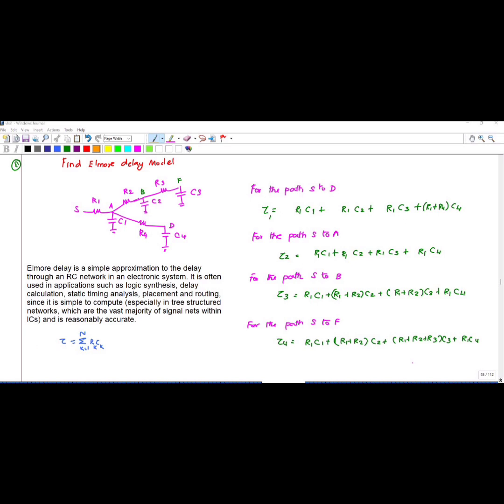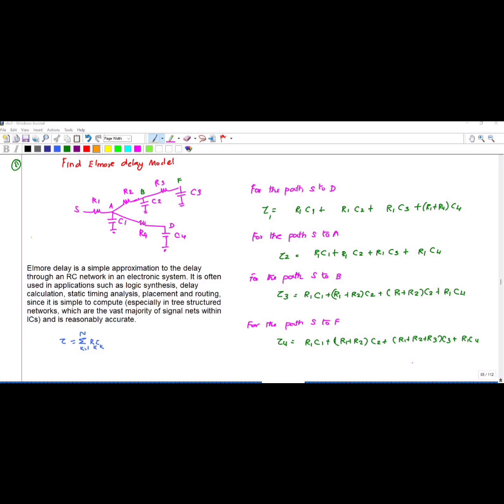So if I want to find the Elmore delay for the path from S to D, first you have to write all the capacitive nodes, the capacitors present in each node, like A, B, D and F. At A you have capacitance C1, at B you have C2, at F you have C3, and at D you have C4.